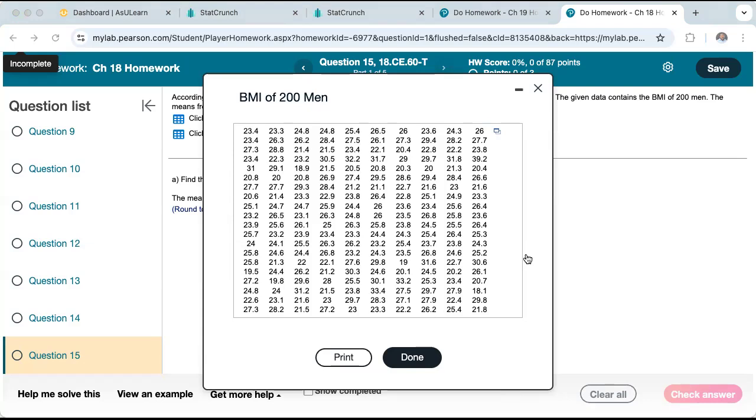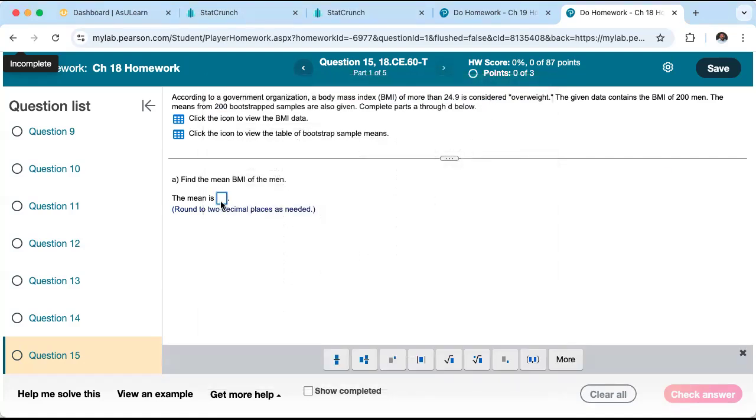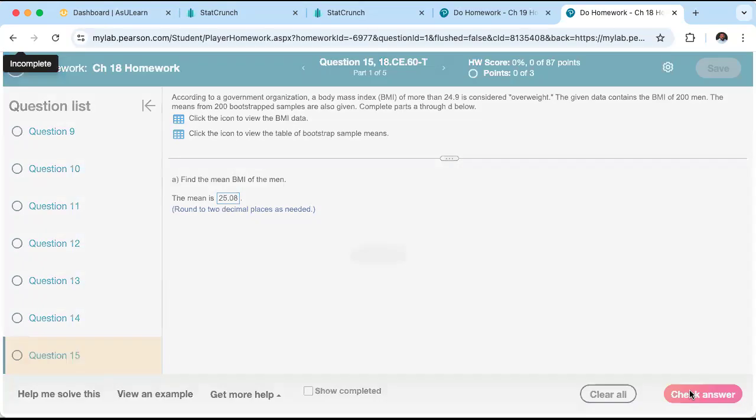So I input my mean here as 25.08 because they say I should round to 2 decimal places. Is that okay? I check that.